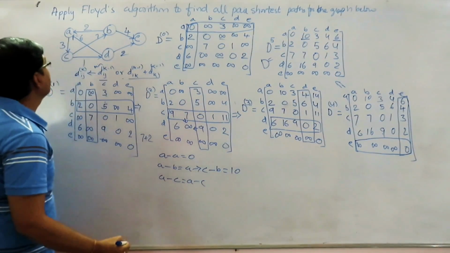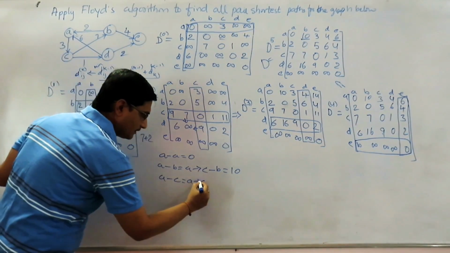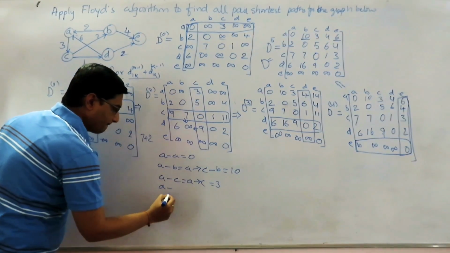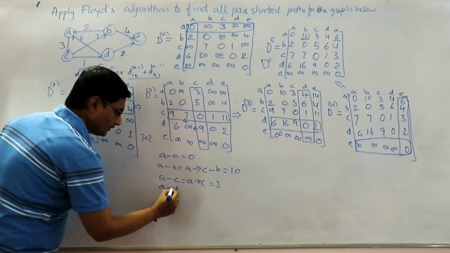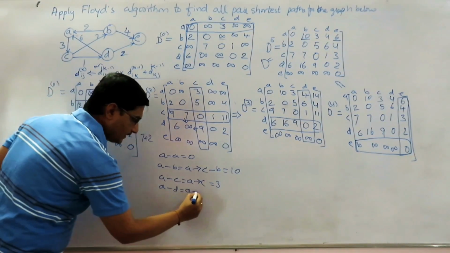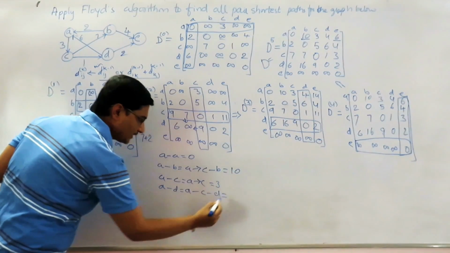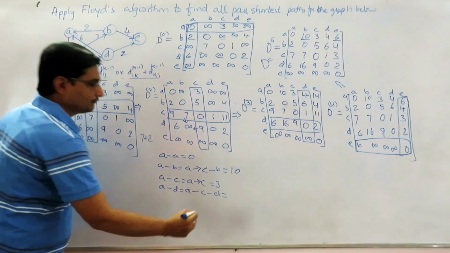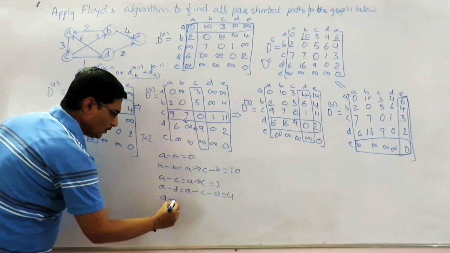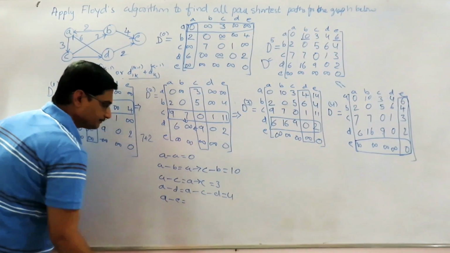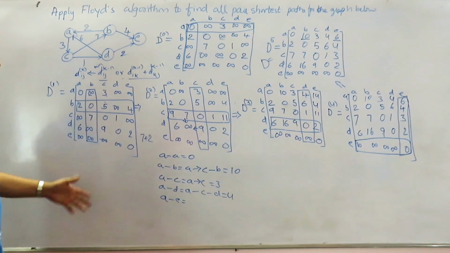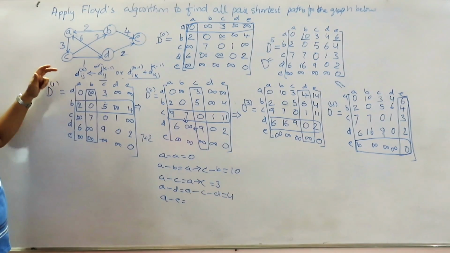A to C is equal to 3. A to D path, A to C, C to D. This is the shortest path. A to D is 4. Then A to E is 6. Like that you can go on finding the paths.